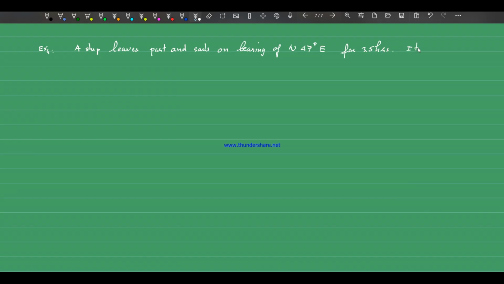It then turns and sails on a bearing of south 43 degrees east for 4 hours.